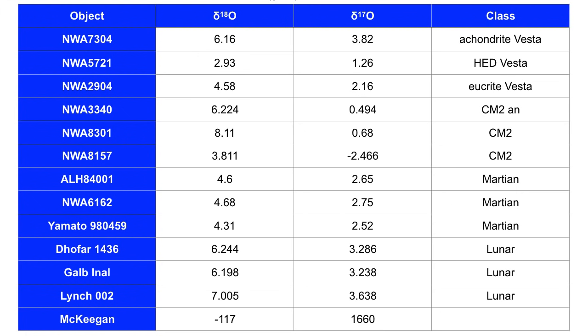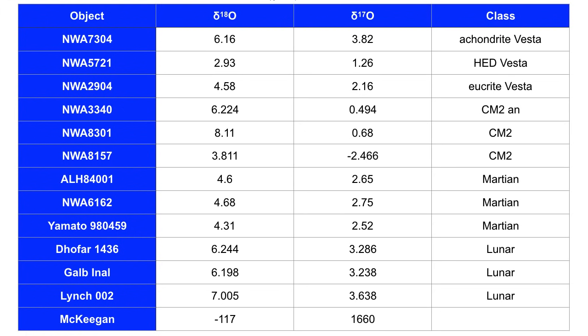It's got a negative delta 17 oxygen rating, okay? And that appears to be the only one. Now, the McKeegan particle that they found, that hotspot, look at the numbers for it down at the bottom of the table. Go ahead and make a note of McKeegan, all right?